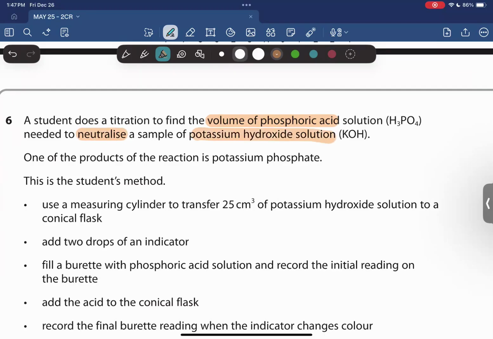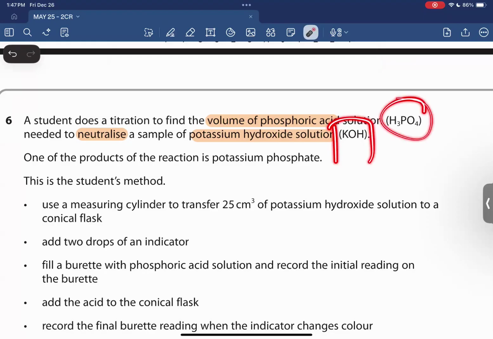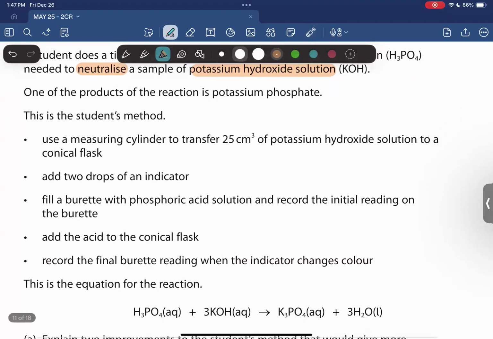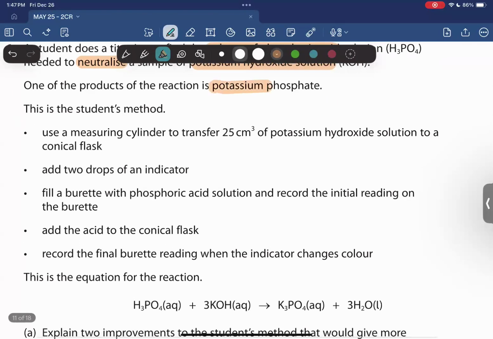So they are basically carrying out the process of titration to figure out the volume of phosphoric acid that is needed to react with this potassium hydroxide, an acid-base reaction in short. One of the products of the reaction is potassium phosphate: acid plus base gives salt plus water.